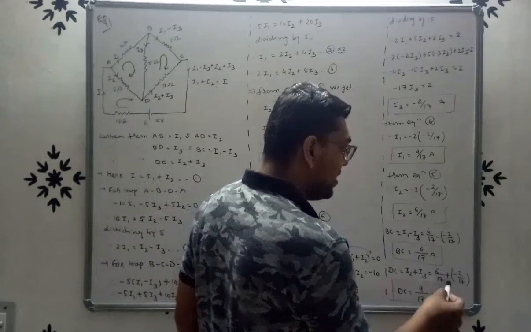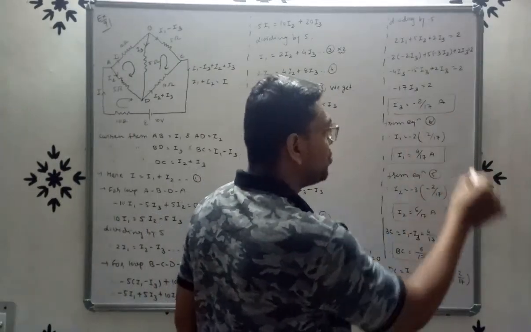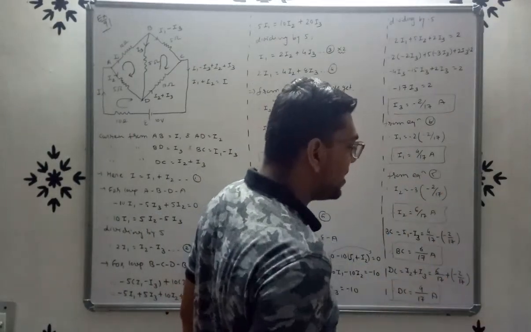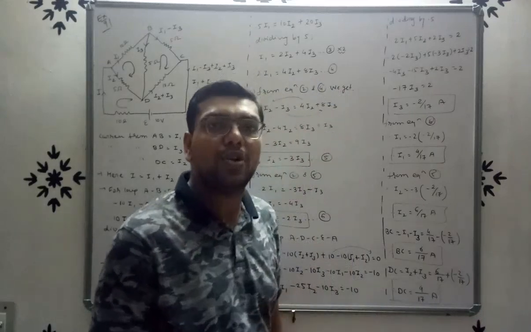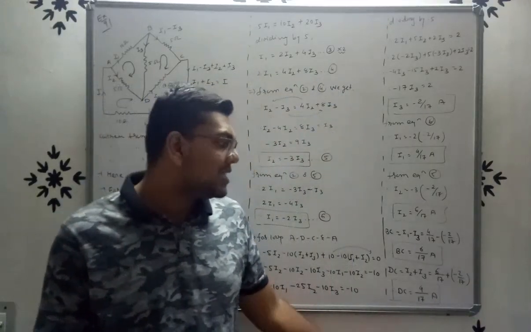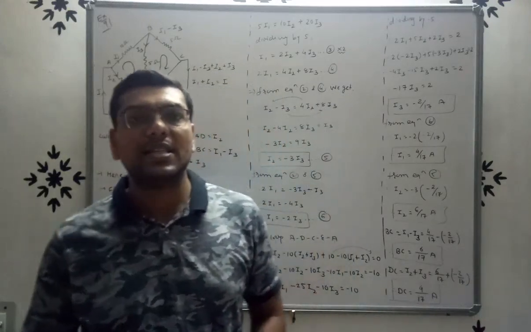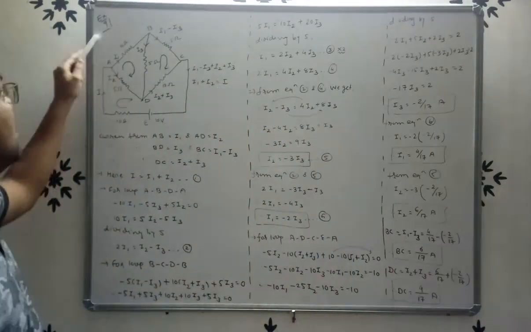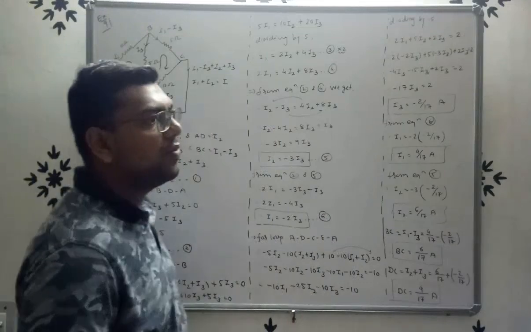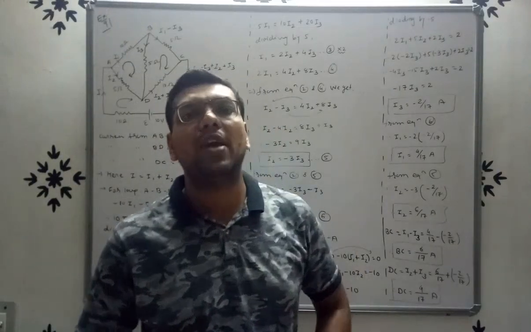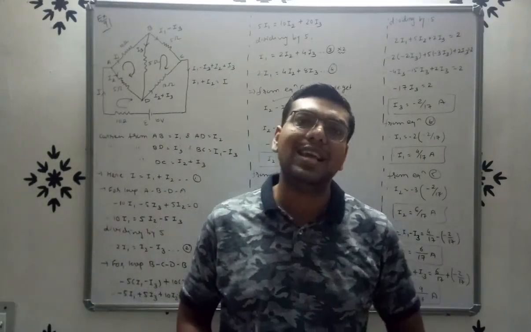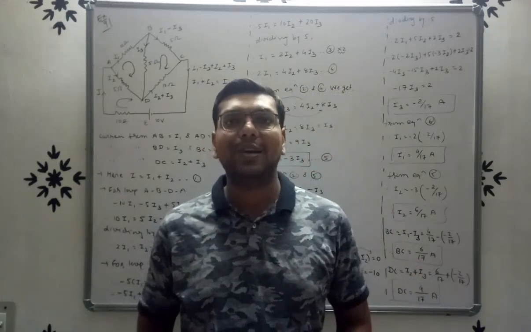I2 6 by 17 plus I3 minus 2 by 17. Here 17 LCM. So 6 minus 2, that is 4. So current flowing from DC branch is 4 by 17 ampere. Okay. So this is the example number 9, in which we find out the current flowing from each branch of the network. Right? Okay. Thank you.